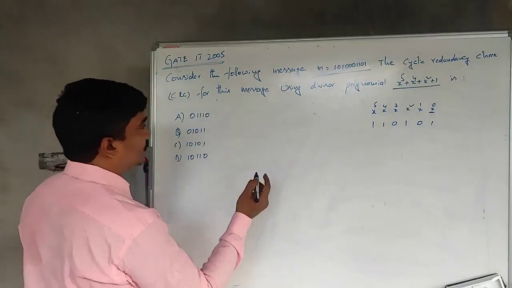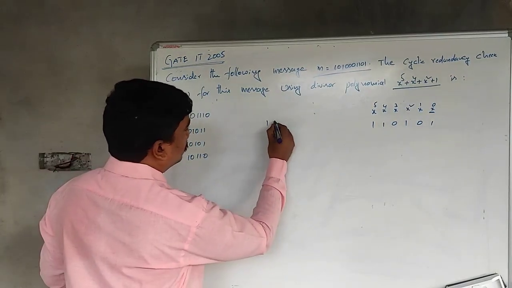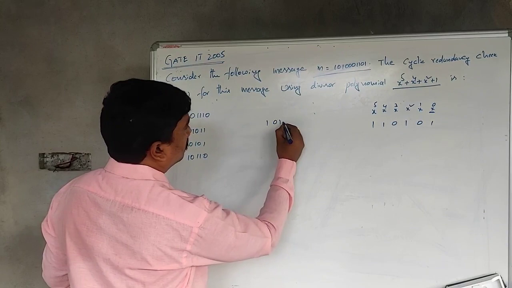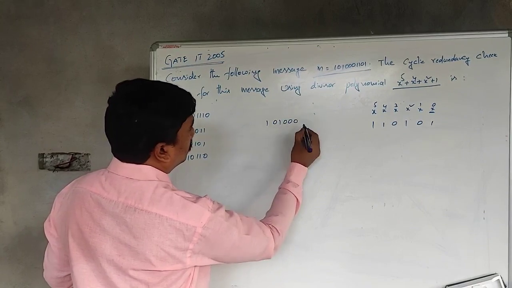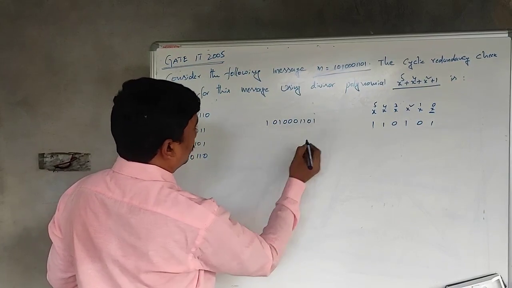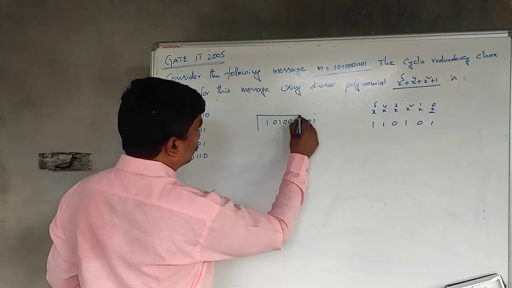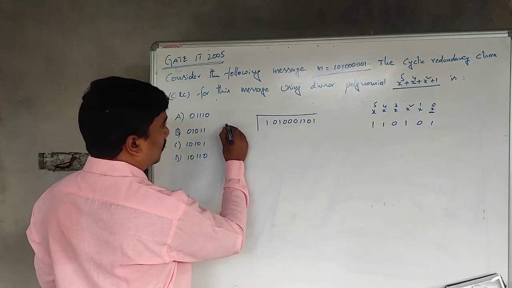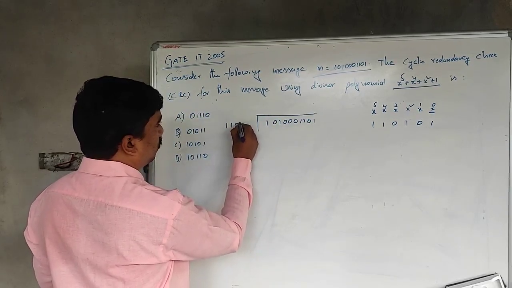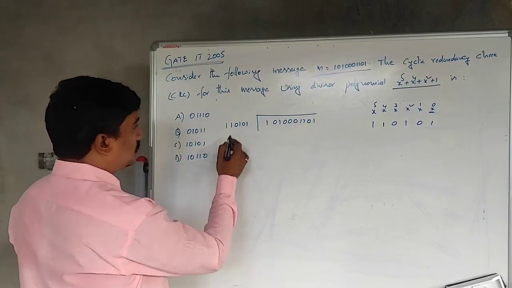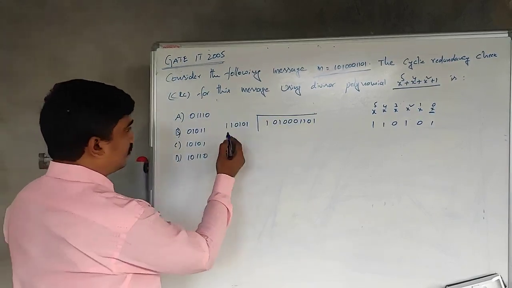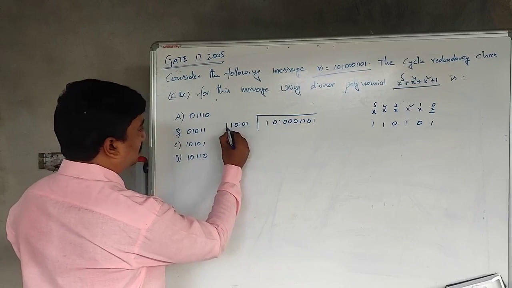Coming to the actual message, 101001101. How many bits are there in the divisor? 1 2 3 4 5 6.